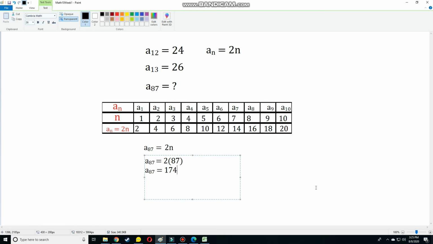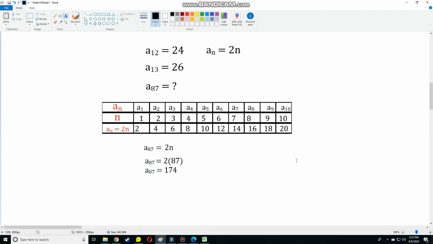So our 87th term, based on our sequence using our mathematical rule, which is 2n, would be 174. That is how we find the specific term using the mathematical rule without doing it manually.